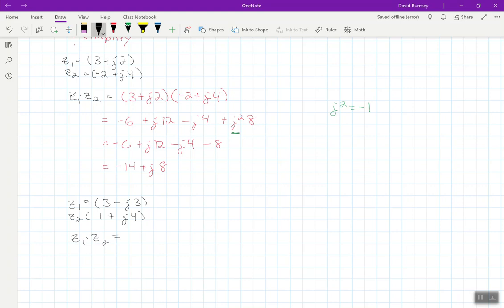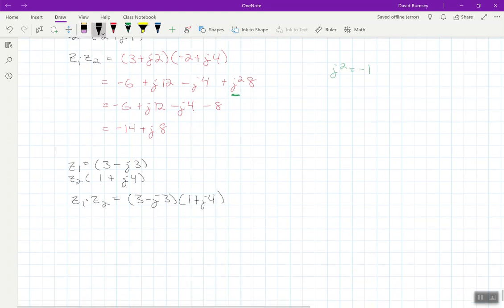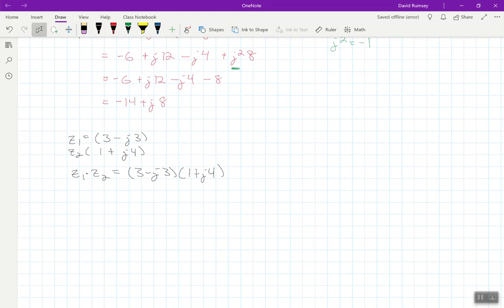So we have 3 minus j3 times 1 plus j4. And now we're going to do the exact same thing as we did before. I'm going to go through this one a little bit faster.